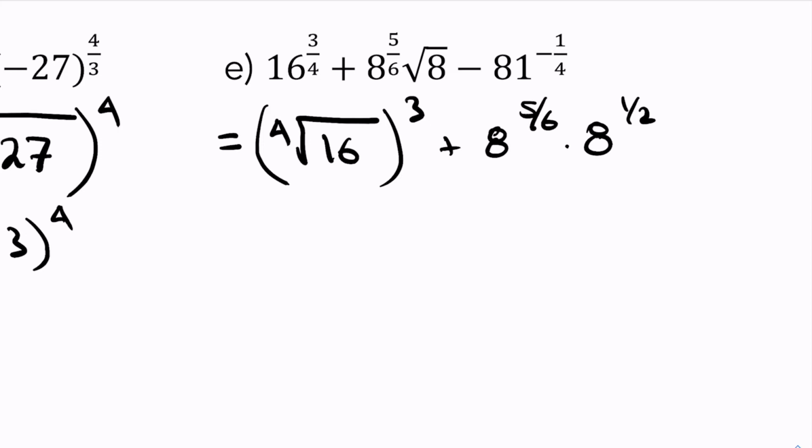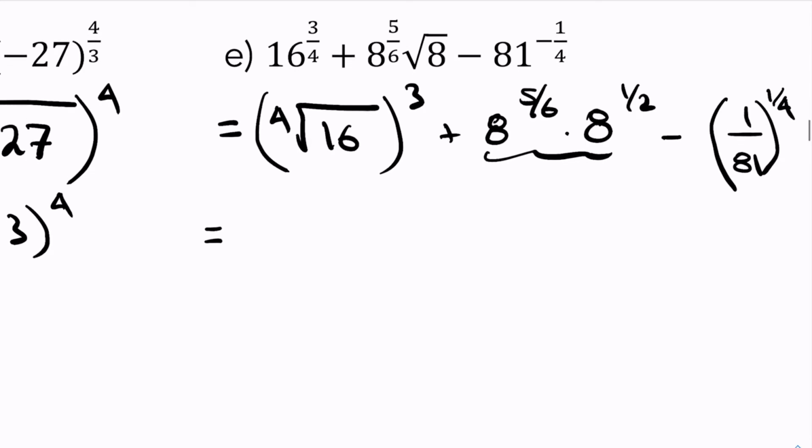Because I want to simplify this. I want to bring these two guys together to have one base. And then I have the last one, which, because I have a negative exponent, I'm going to have a fraction. So 1 over 81 to the power of 1/4.